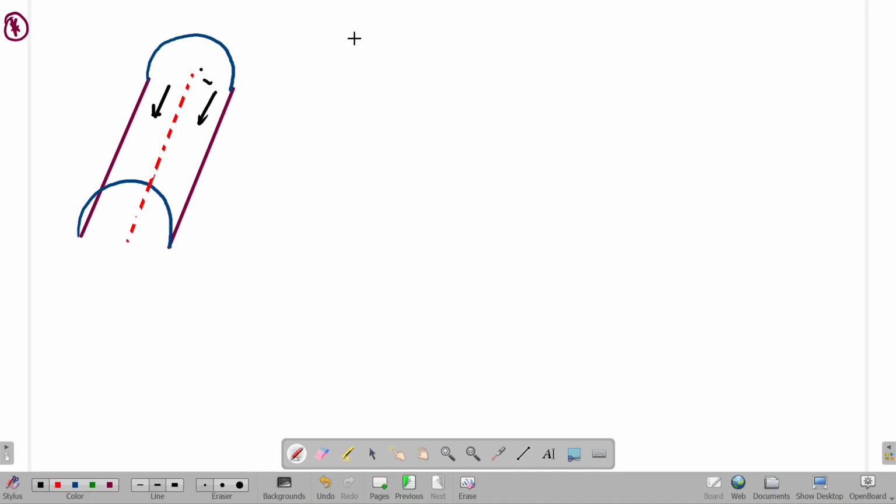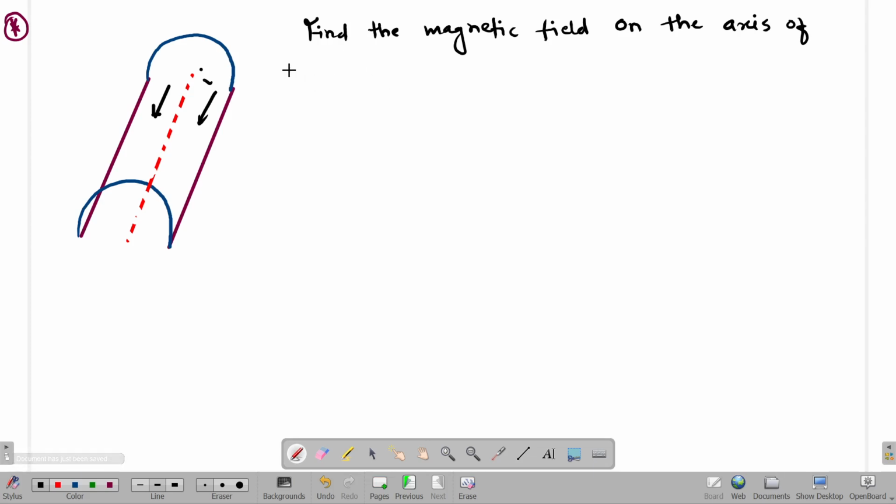The question is, find the magnetic field on the axis of a very long current carrying half pipe.